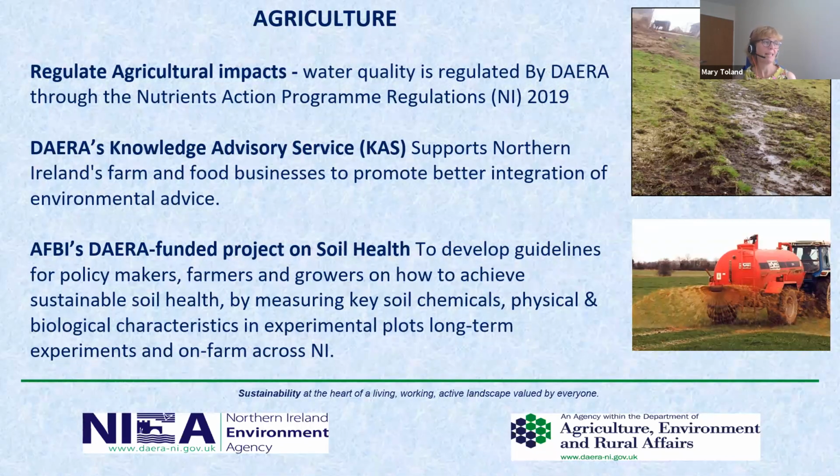So AFBI is a DAERA funded project on soil health, looking at how policymakers and farmers can achieve sustainable soil health. It's a new era for environmental farming schemes, and it's open for consultation in autumn 2021. Participation in the soil health project is linked to future farm support payments, so that is going to be a huge step to take the nutrients out of the waterway when it's related to the funding.